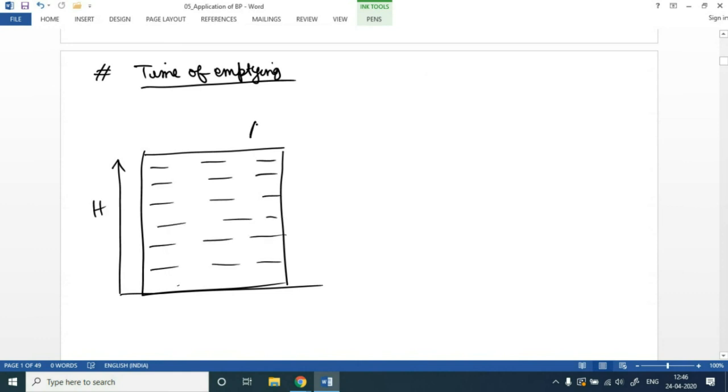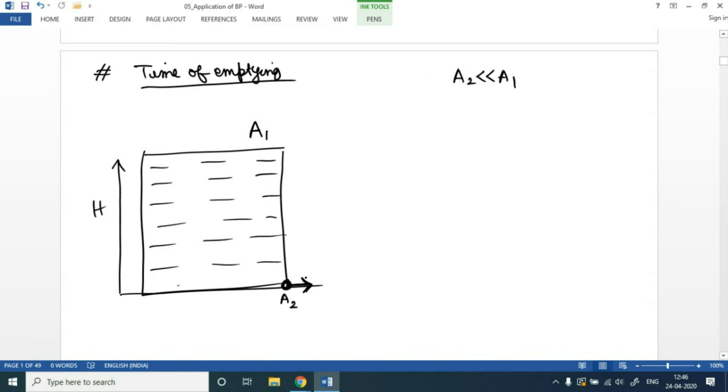Let's say the cross-sectional area of the container is A1, and the cross-sectional area of this orifice we have made at the bottom is A2, which is definitely much less than A1.